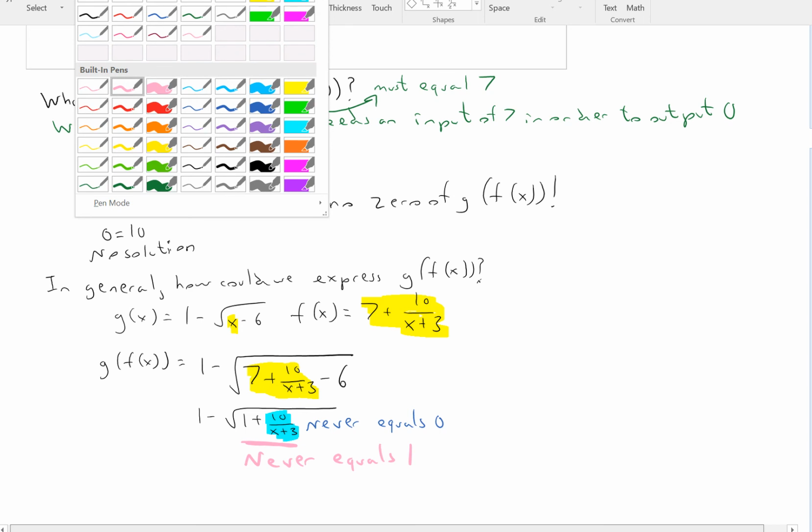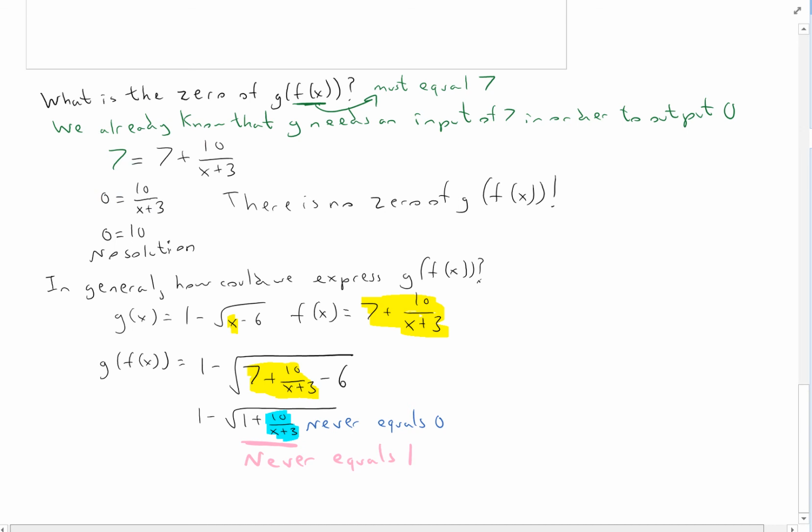And if the thing inside the radical never equals 1, I'm never going to have square root of 1, which means this radical never equals 1.